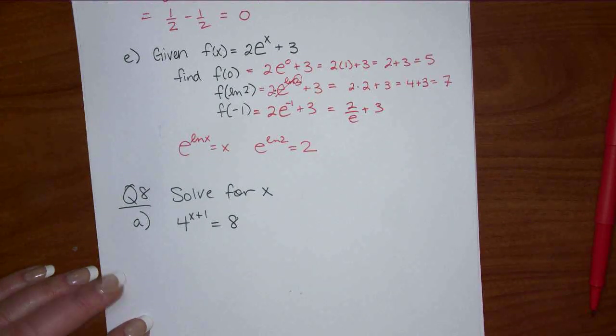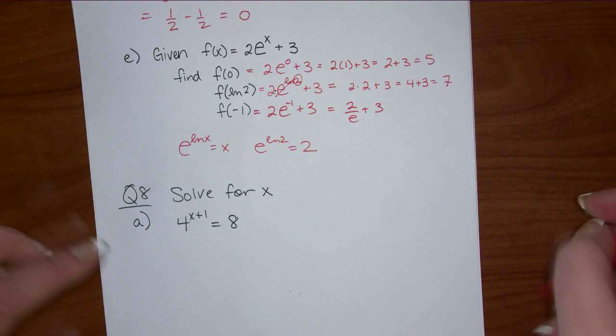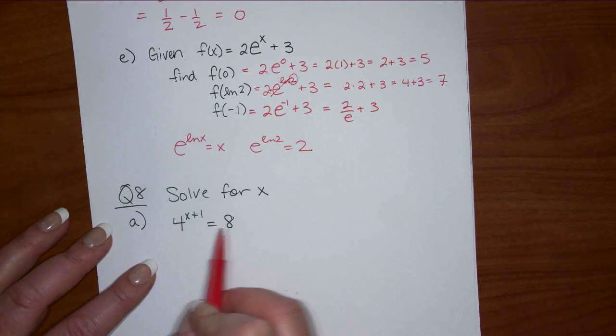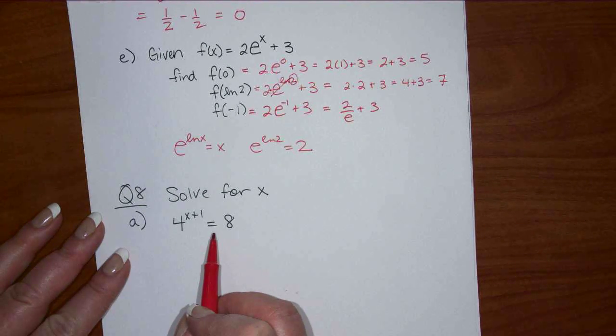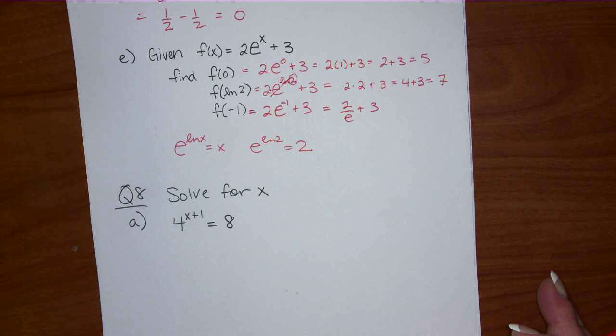Okay, so we'll go through each type of solving for x. So the first one is when you can make the bases equal, and here what could we make both bases? Not 4, because 4 squared is 16, so 2, right?